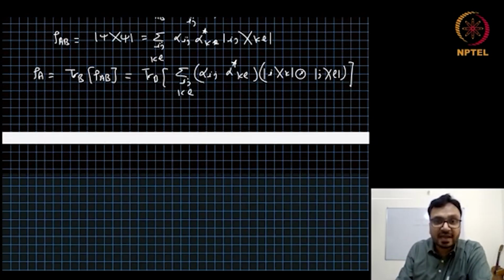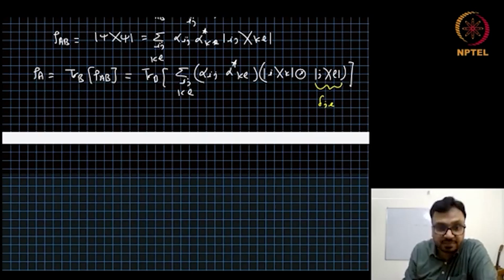So the trace will act only on the subsystem B. And when we take the trace of |j><l|, after taking trace, it will be delta of jl. So it means we can take the summation over j or summation over l, and wherever we have l, we replace it with j. So it becomes the sum over i, j, and k of alpha_ij alpha star_kj |i><k|.